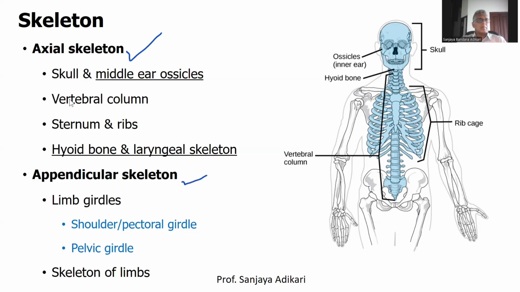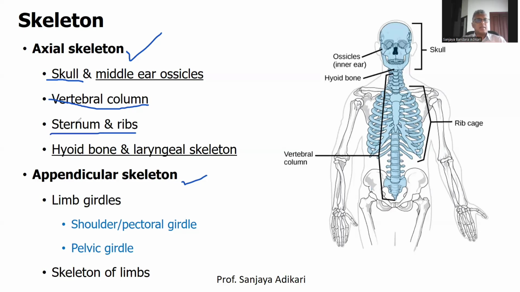Now, when it comes to the axial skeleton, the main parts are the skull here, the vertebral column, the sternum, and the ribs. These three components are the main parts.